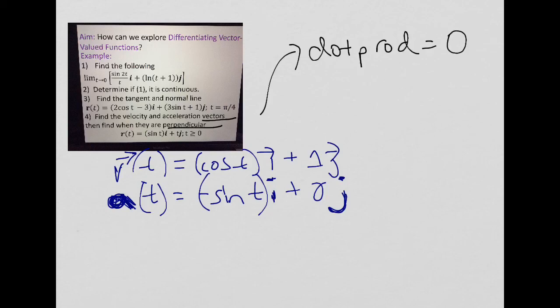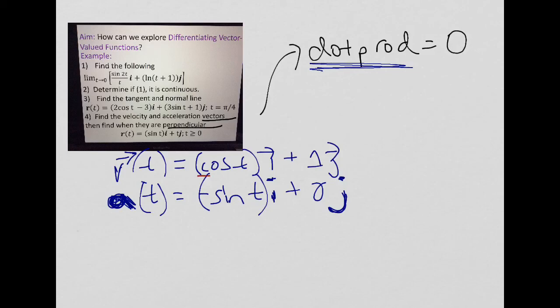Let's get to the dot products. In order to do the dot products, I had said that it's just going to be the negative sine of t times the cosine of t. It's a little bit more than that because there is the 0 and 1 to consider. So let me explain. Basically what you do is multiply the components together.